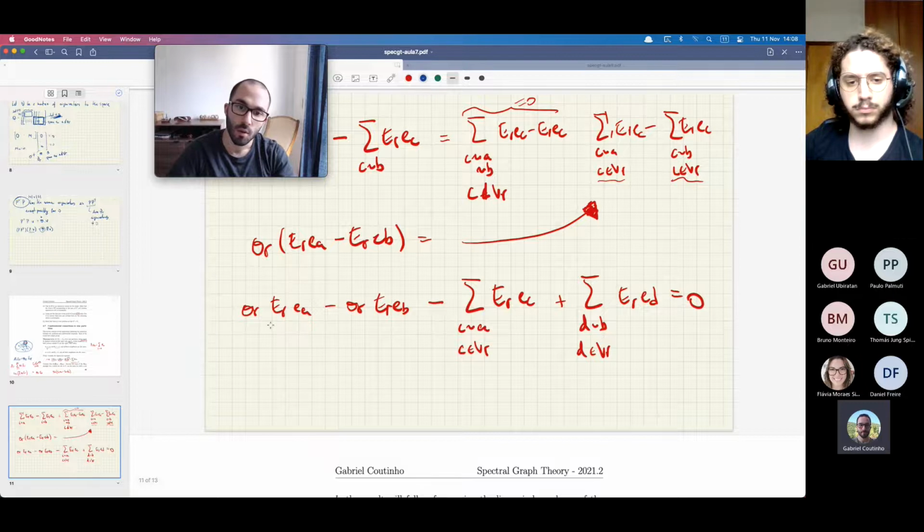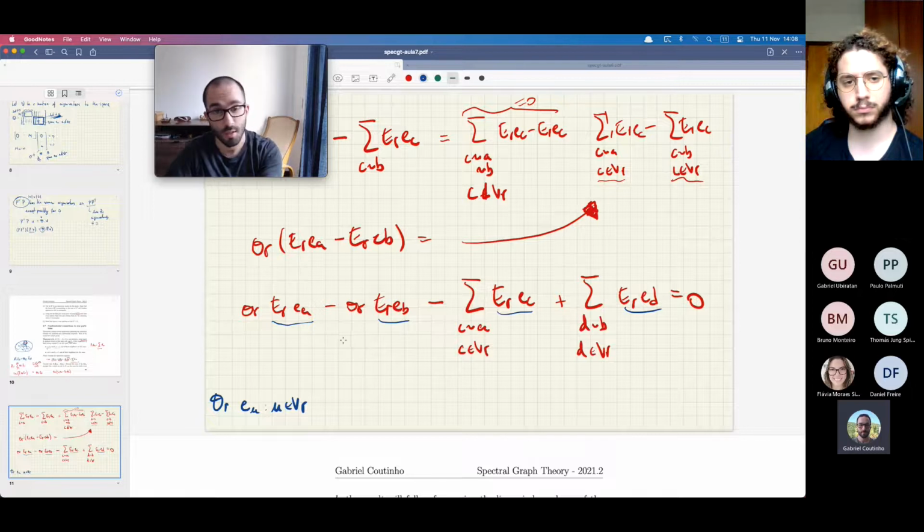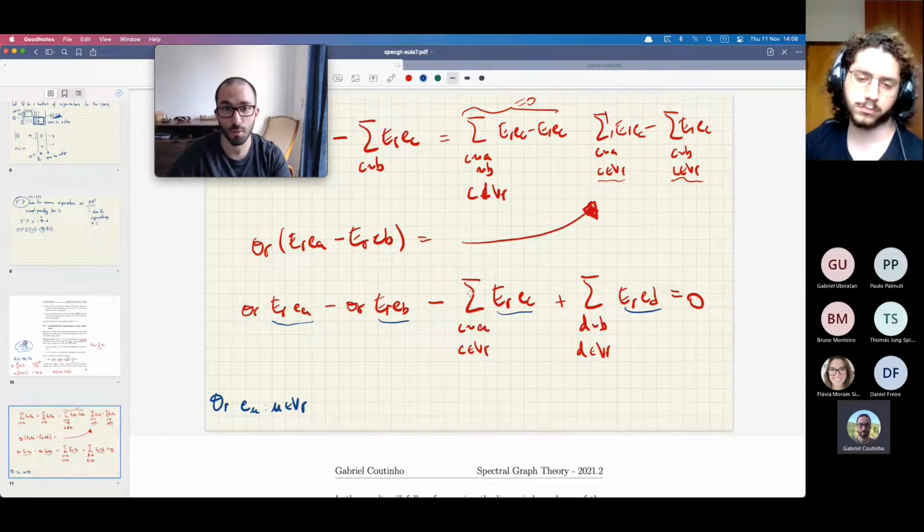So these vectors here are all projections onto the theta r eigenspace of E sub u with u belonging to V sub r. And these are linearly independent because this is a star partition after all. So this is a linear combination equal to 0, so the coefficients multiplying each one of these things must be equal to 0.